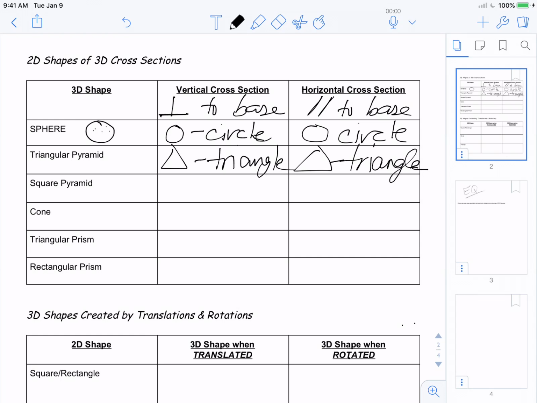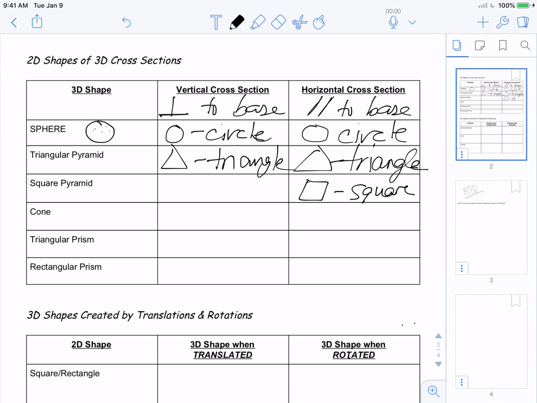All right, next up, a square pyramid. You've got sides that are triangles and a base that is square. If I know that the base is square and that the sides are triangles, if I cut it parallel to the base, that's going to give me a square as the cross section.